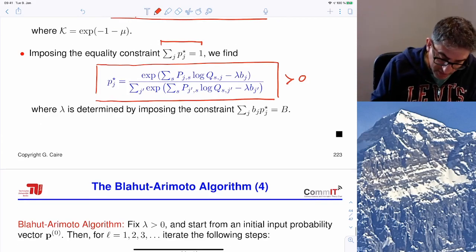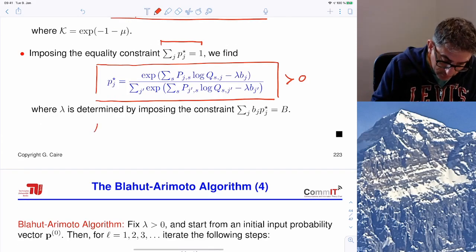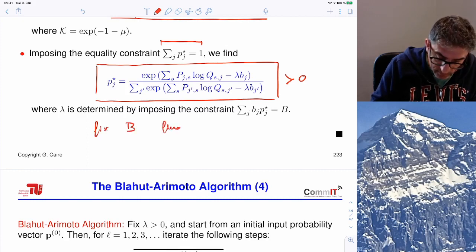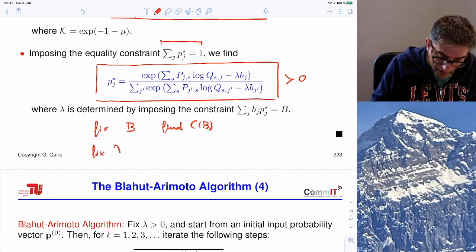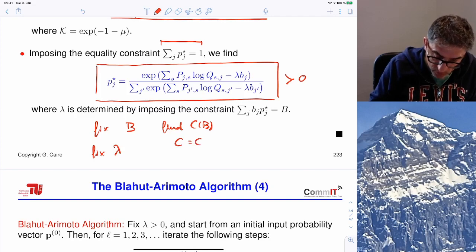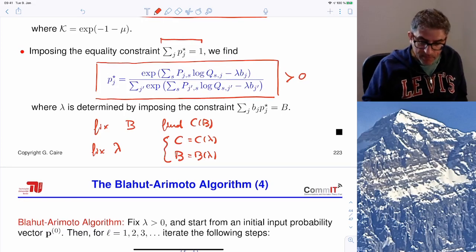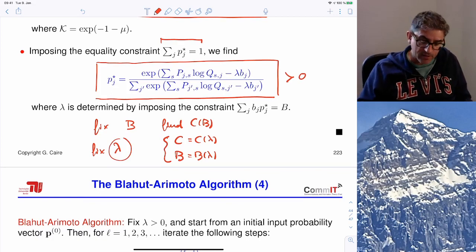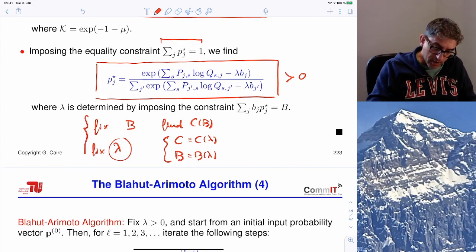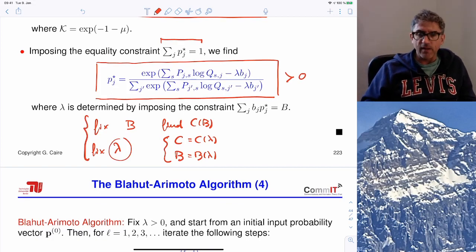In other words, instead of fixing B and finding C of B, you can also fix lambda and then find in parametric form C equal to C of lambda, B equal to B of lambda, and then you have C of B in parametric form, and the parameter is precisely the Lagrangian multiplier.